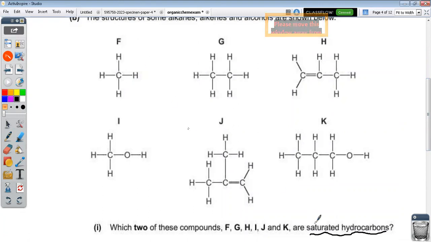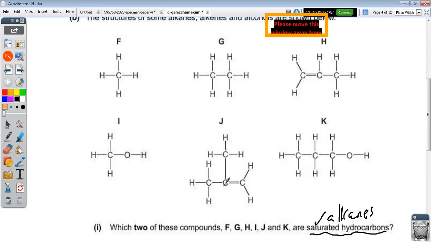Saturated, huh? You are now confusing. What did I say about saturated? Saturated, very stable and cannot easily react. So what are saturated? You made the same mistake. This is unsaturated here. Unsaturated can easily react.